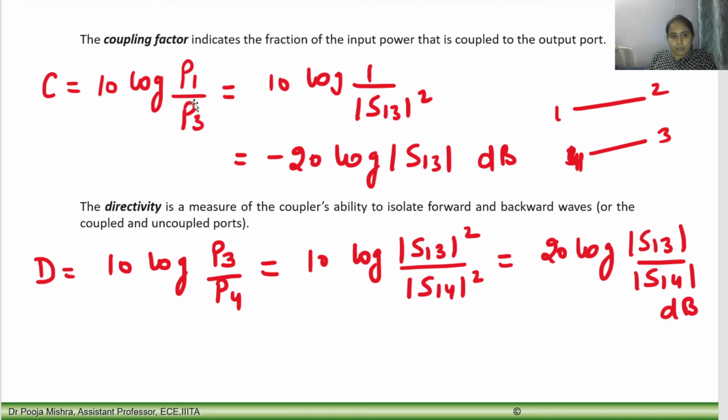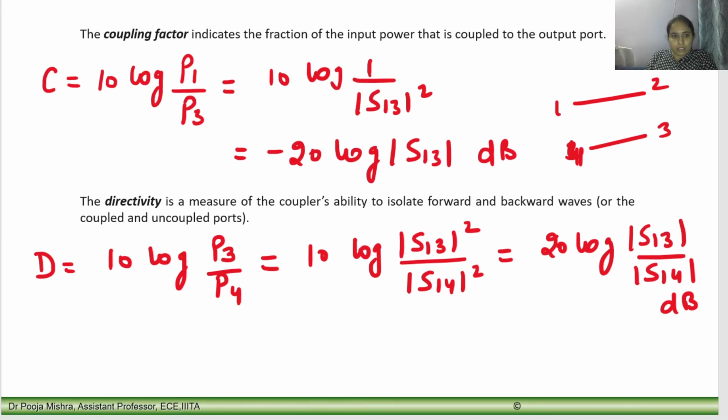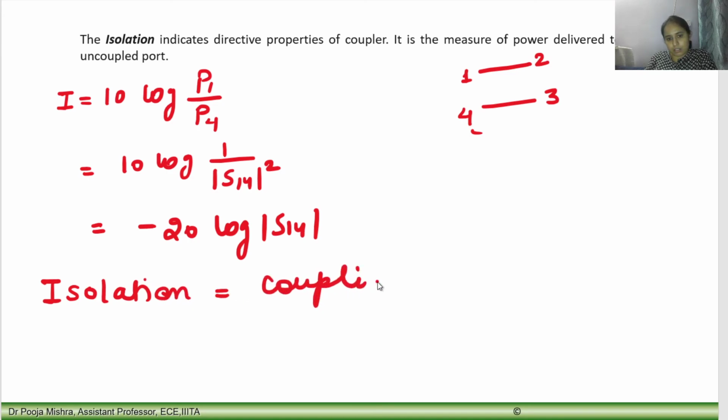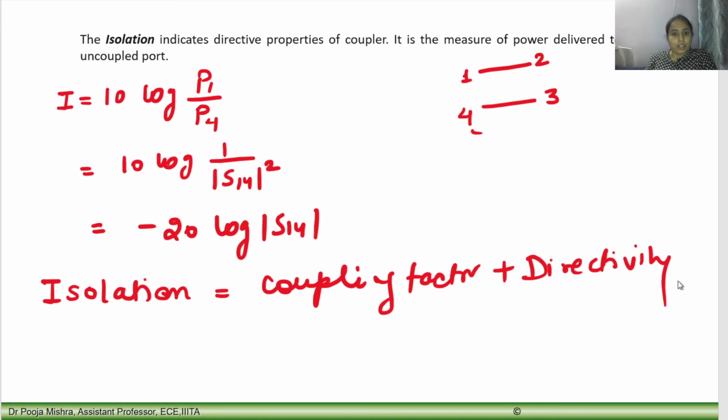P3 dB and P3 dB will be cancelled out. It will give you P1 minus P4, which is actually 10 log of P1 by P4, which is the definition of isolation. So isolation is equal to coupling factor plus directivity.